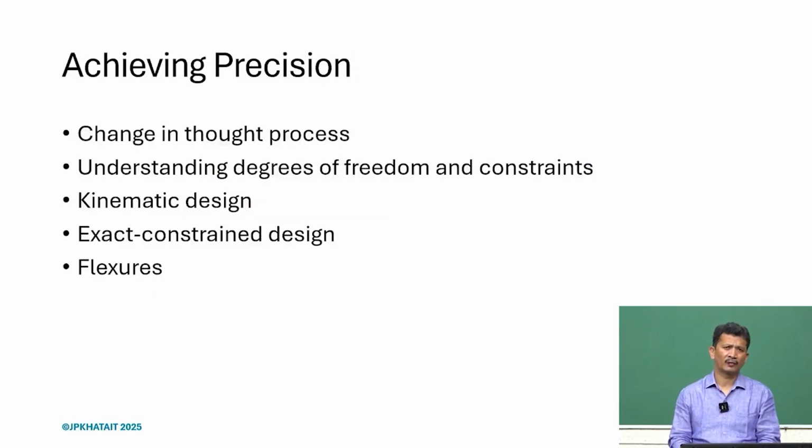What we have to understand is that in order to achieve precision, we have to change our thinking. The thought process has to change. There is a paradigm shift. We have to look at the architecture, how the components are assembled together, how the tolerances and the errors that are there because of manufacturing constraints, manufacturing issues, even limitations.